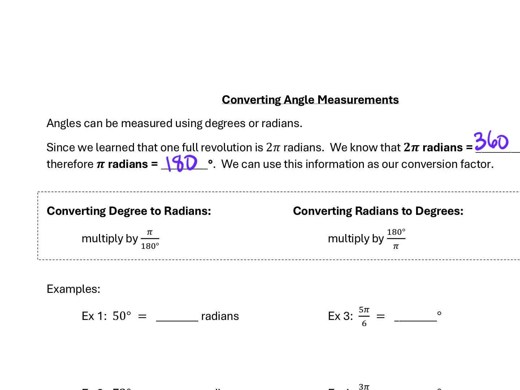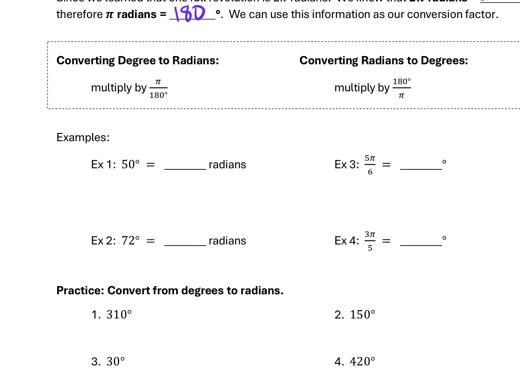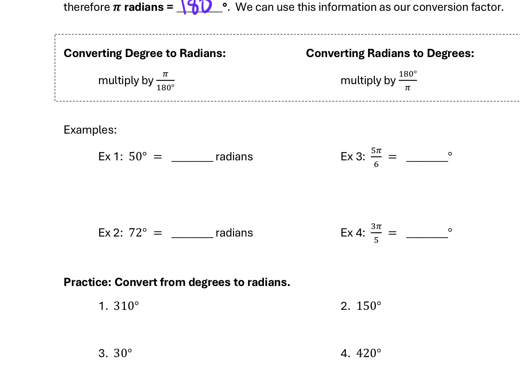So I want you to see what it says that we're going to do, but then I'm going to talk you through almost the same process, but with a little bit different thought process for solving these, okay? If you think about it, it should make sense that if we have degrees, then we're going to have to get a pi included in there, right? So think about this conversion here.